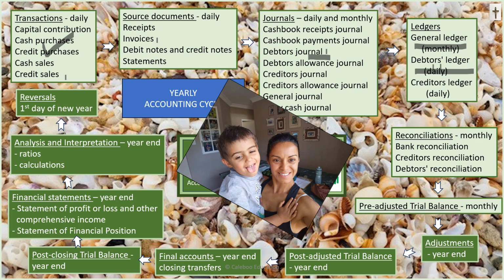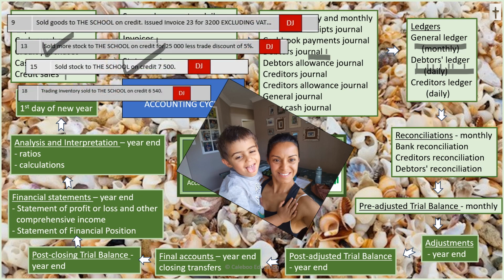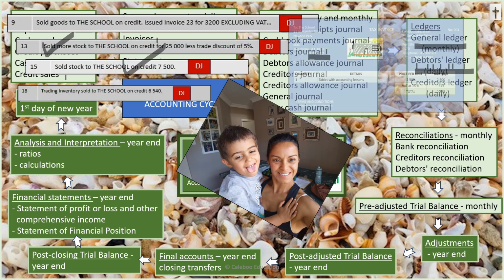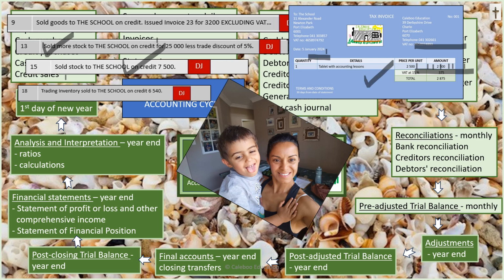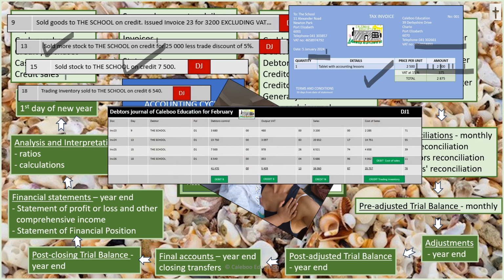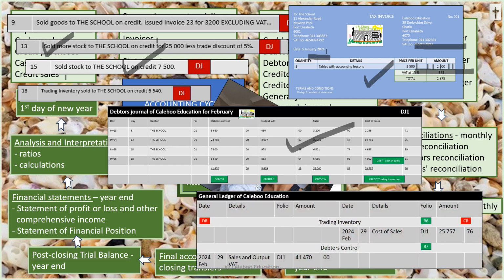Remember, if you purchase that video, I will show you how to draw up the debtors ledger. There are the transactions we looked at. There's an invoice. From the invoice, we recorded the information in the debtors journal, and from the debtors journal we posted to the general ledger. Well done everyone, that was fantastic.